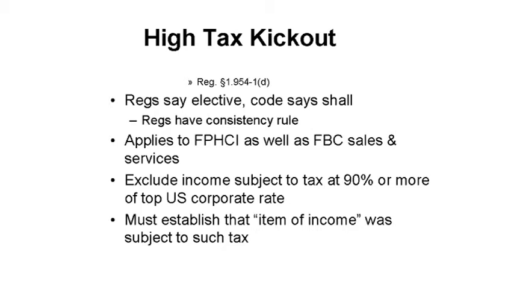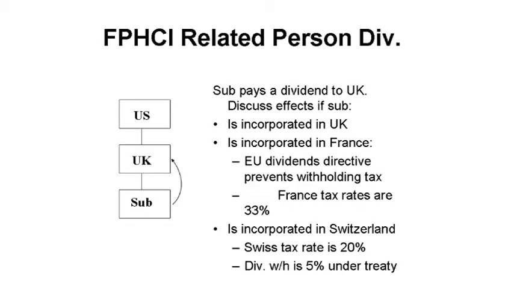The passive basket high tax kickout applies the same 90% test for income of CFCs. The UK and France are members of the European Union. EU rules say there is no withholding tax permitted on payments of dividends from one EU country company to another EU country company.